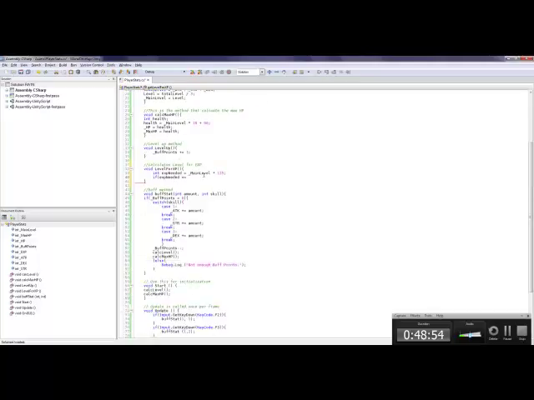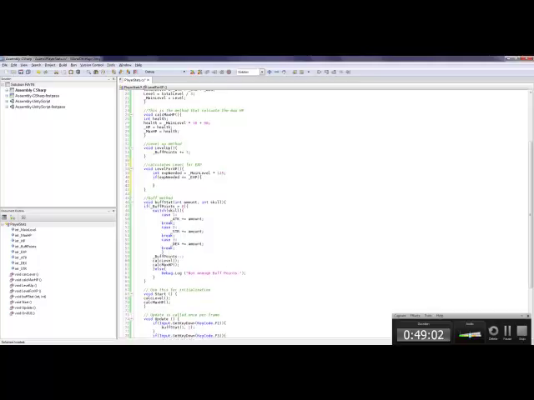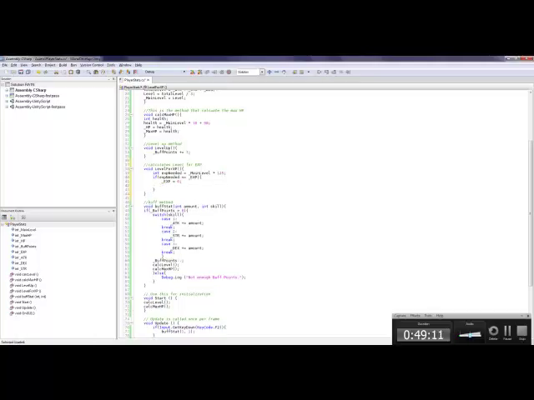So we named it? Yeah. Then EXP equals 0 and level up.